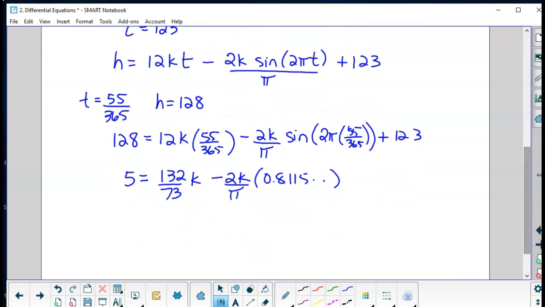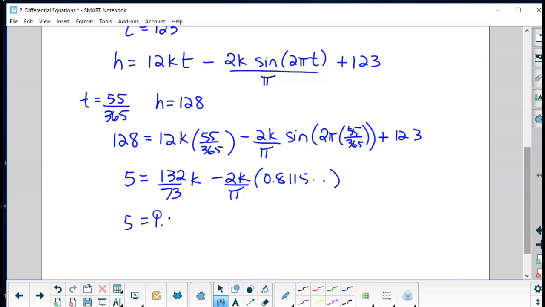So 5 equals 132 divided by 73 minus 2 times that answer for 0.8115, then don't forget to divide by pi.